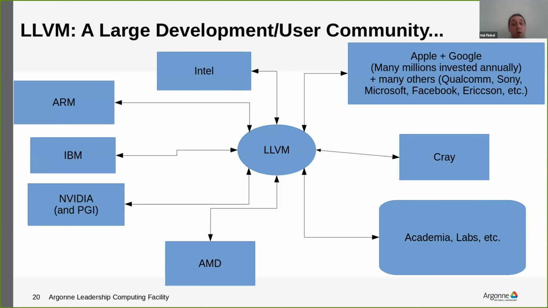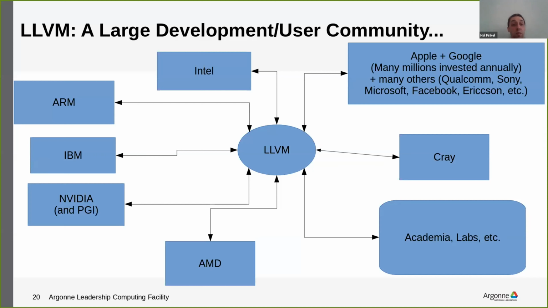Importantly, it has a very large and active user community, and it includes contributions from essentially every vendor that is relevant in the HPC space. So importantly, on this diagram, and I'm proud to say that all of the arrows between LLVM and the various vendors go in two directions.